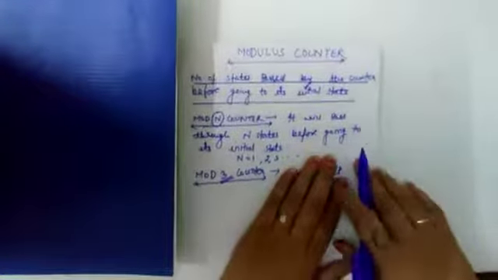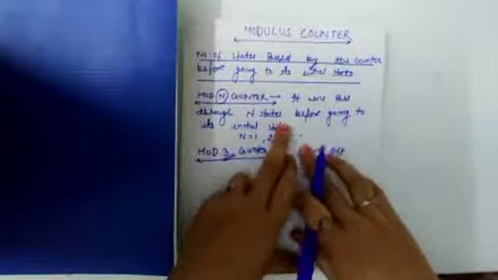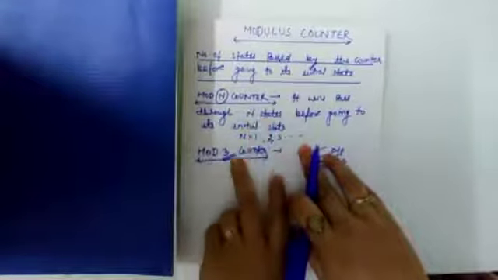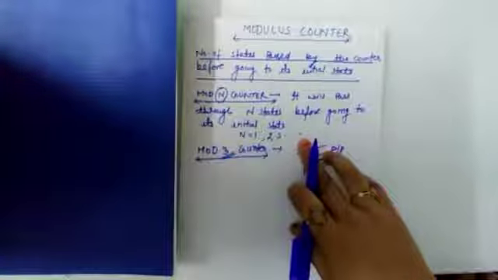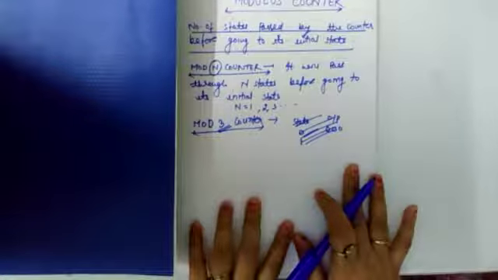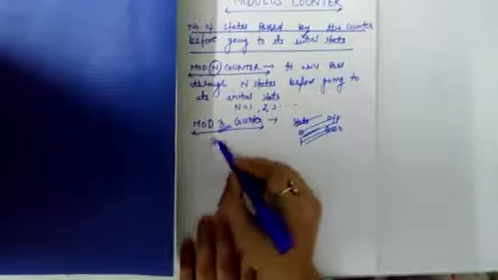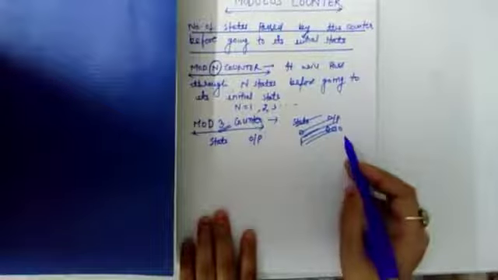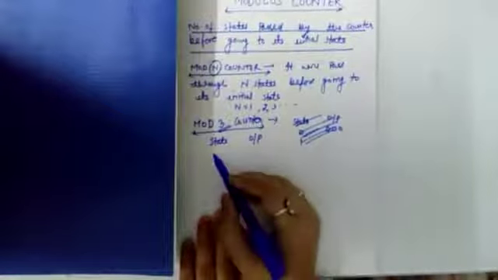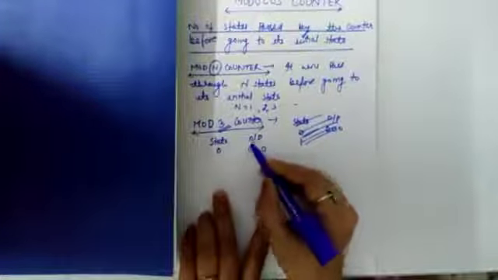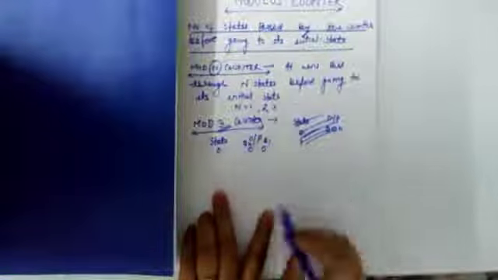So according to the definition, it will pass through n states. In mod 3 counter, it will pass through only 3 states before going to its initial state. Let's say on one side I take the clock pulse, and on the other side the outputs Q2 Q1, 2 bits.